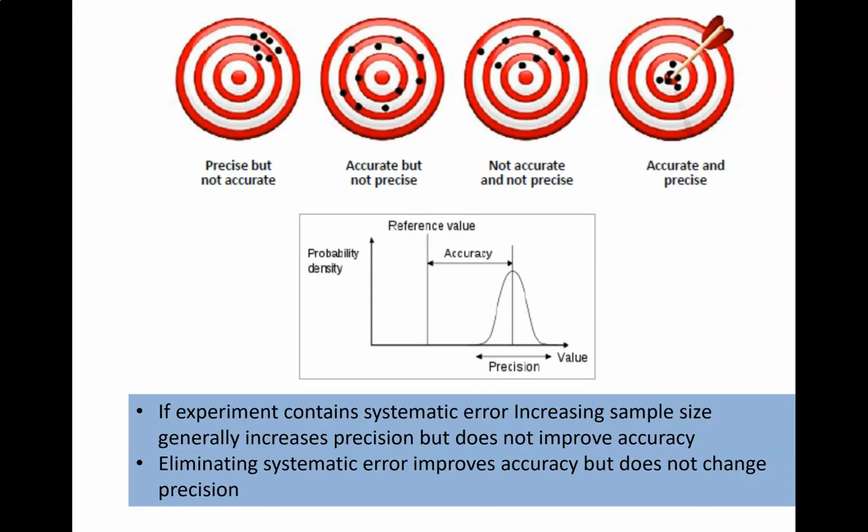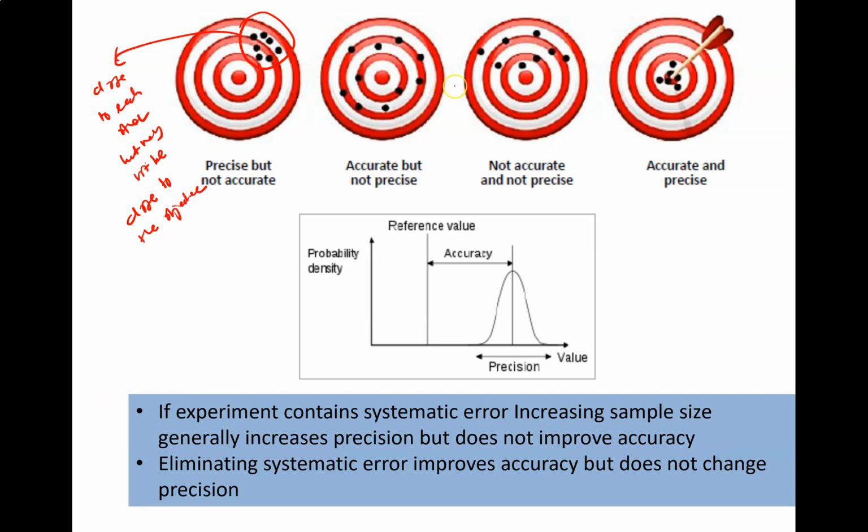Precise means they are together. The data that you get are close to each other, but may not be close to the objective that we want.